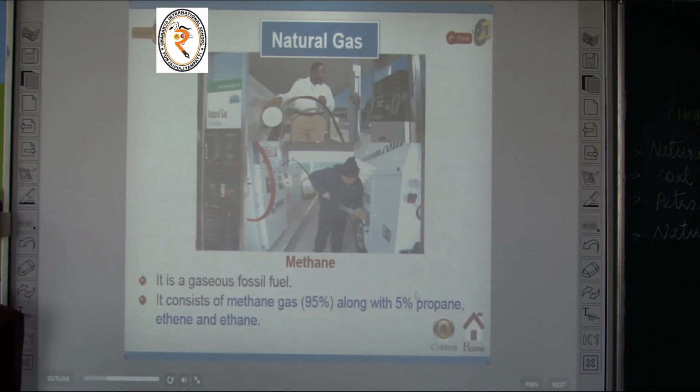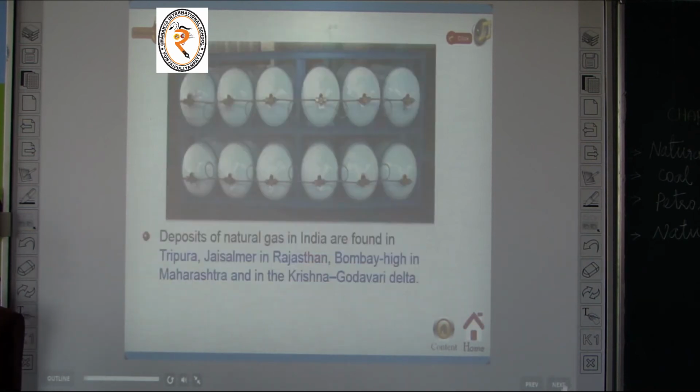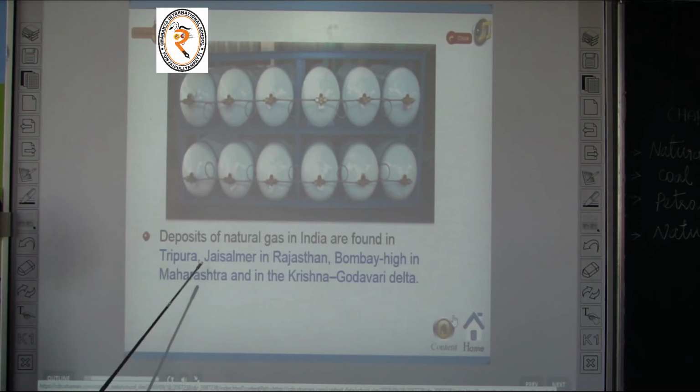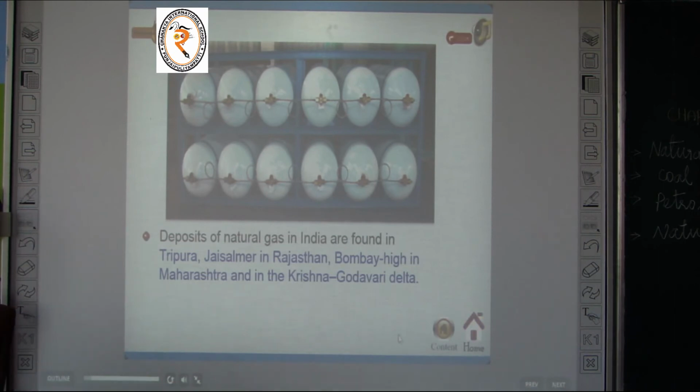Okay. The next one. Deposits of natural gas in India are found in Tripura, Jaisalmer in Rajasthan, Bombay High in Maharashtra, and in the Krishna Godavari Delta. We can find this natural gas in these areas.